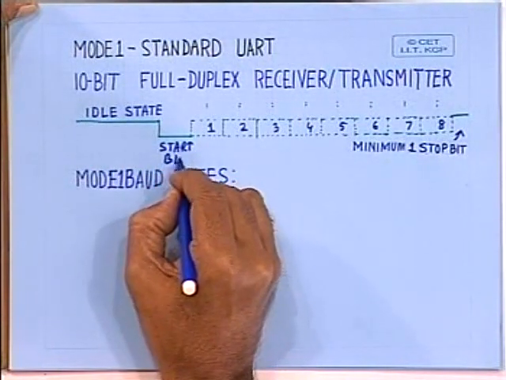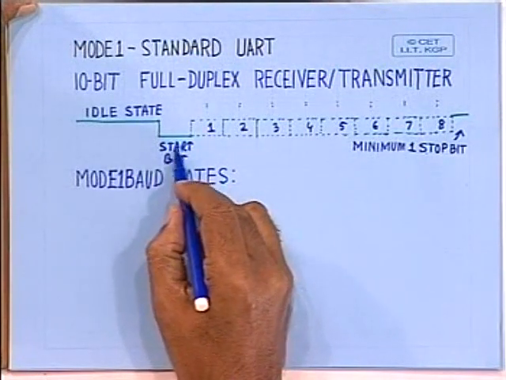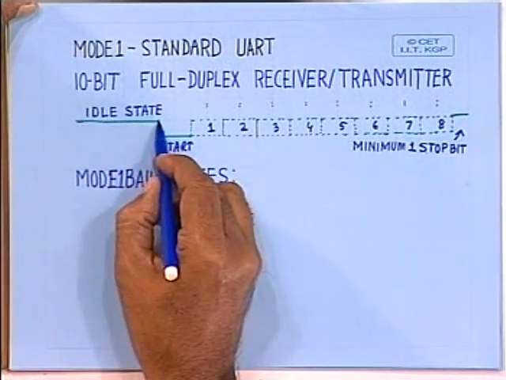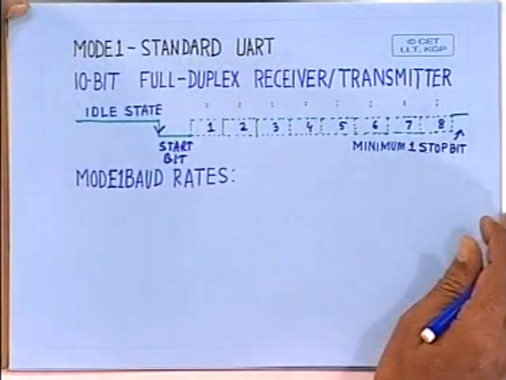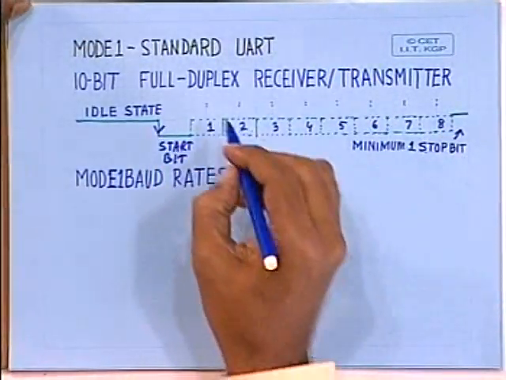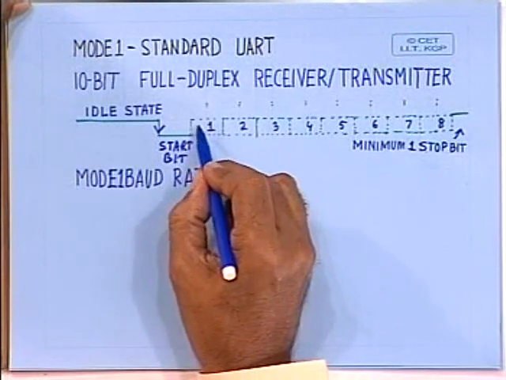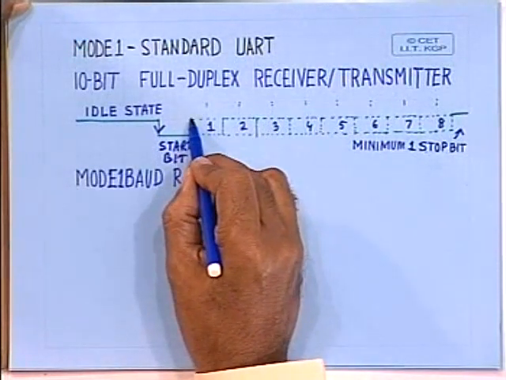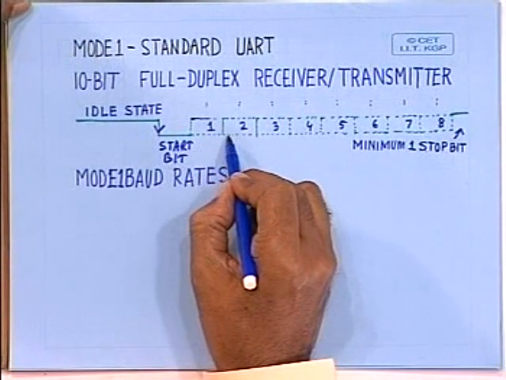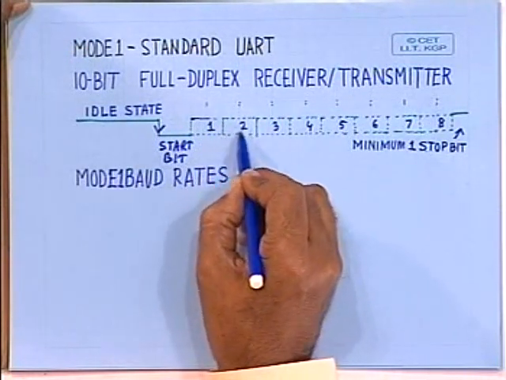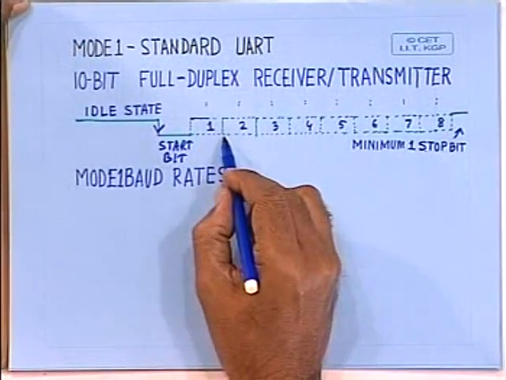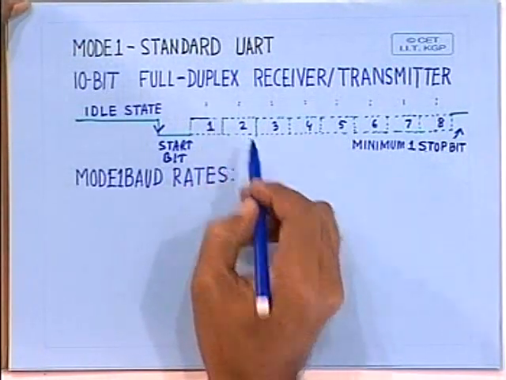This is the start bit, and after this start bit, this is the idle state, and the synchronization takes place on the trailing edge of the start bit. And after that, the data, if it is 1, it remains high; if it is 0, it goes low for one baud, that means the 1 bit duration. For the entire duration, it remains high or low.